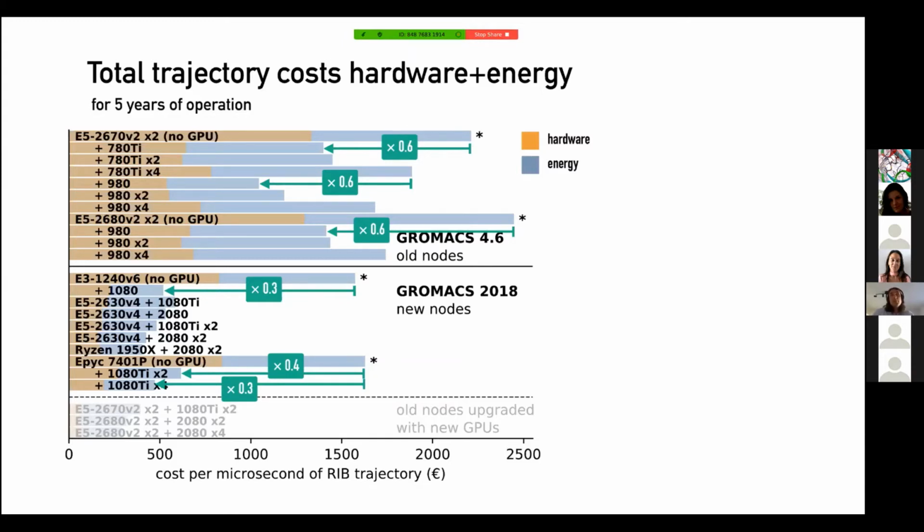Another thing you can clearly see is that GPUs are generally a major win in terms of a cost-benefit analysis. The cost per microsecond in euros is much higher on this chart for the no GPU systems.